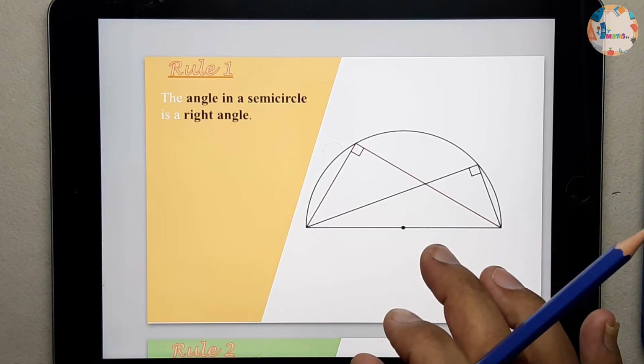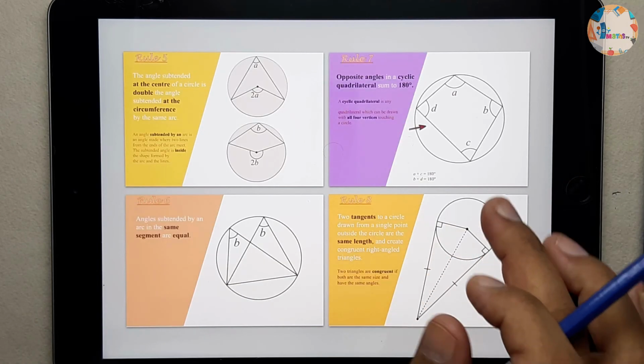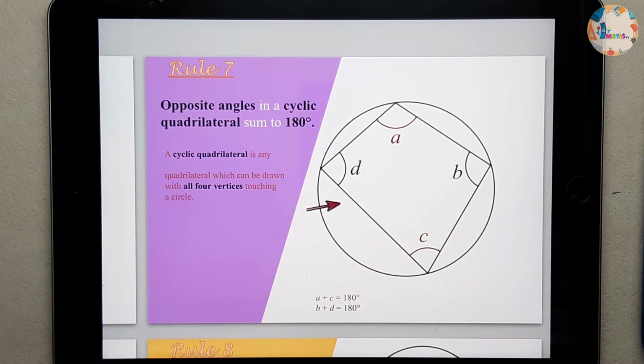And the second rule, which you can submit, is rule number 7. You do not need to memorize the rule numbers. You just have to memorize this statement: opposite angles in a cyclic quadrilateral sum to 180 degrees. So these are the two rules which we have applied, and we have answered the question.